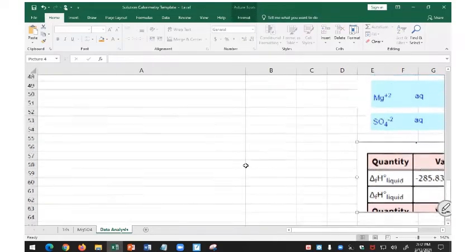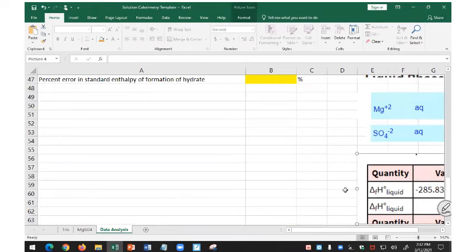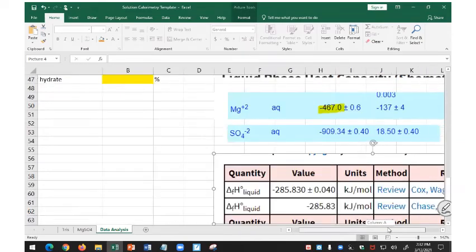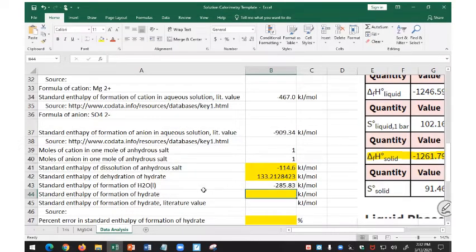There it is. For water, the value for water is how much? Negative 285.83. Liquid water, negative 285.83. Okay. So what should be the standard enthalpy of formation of our hydrate?